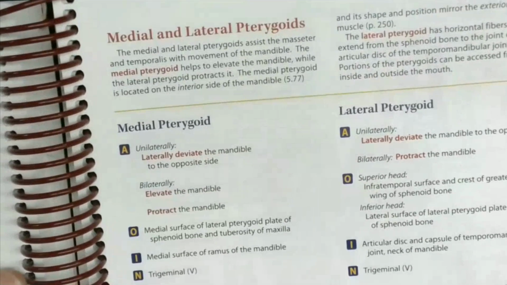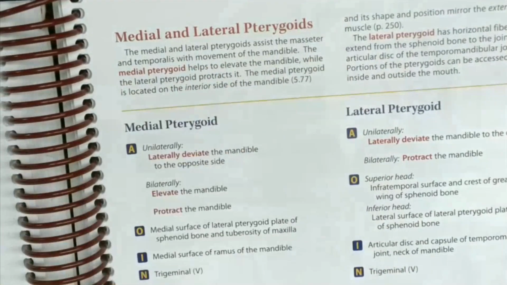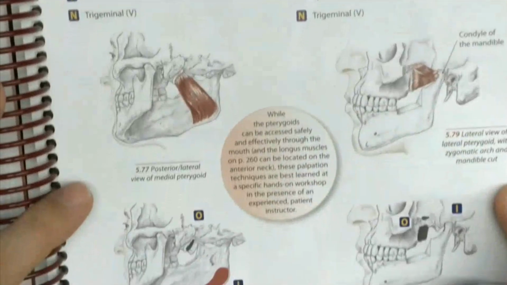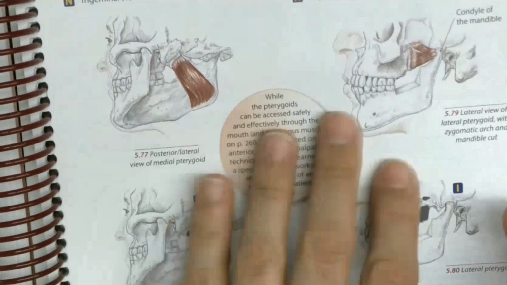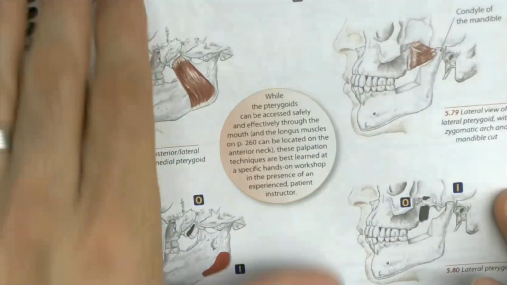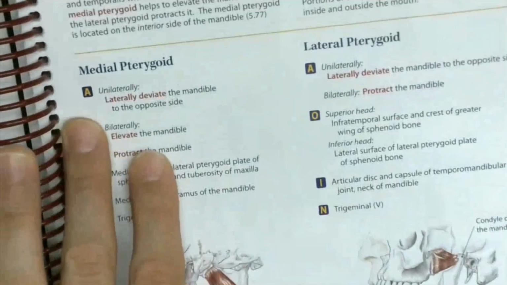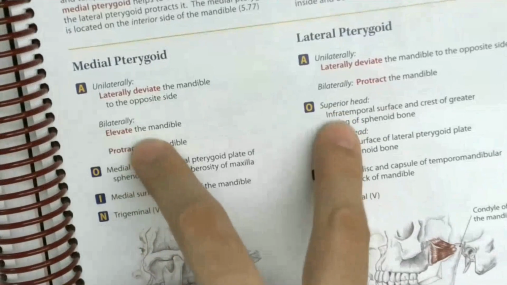Next, we have the pterygoids, medial and lateral pterygoids, right, like pterodactyl. These muscles are actually inside your jaw, and these are the muscles that are involved with the deviation of the jaw itself. So we can say that both medial and lateral pterygoids will deviate the jaw.